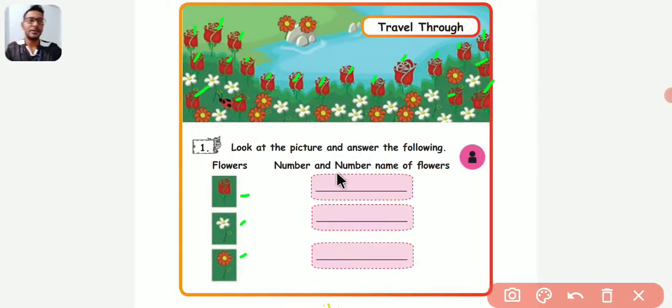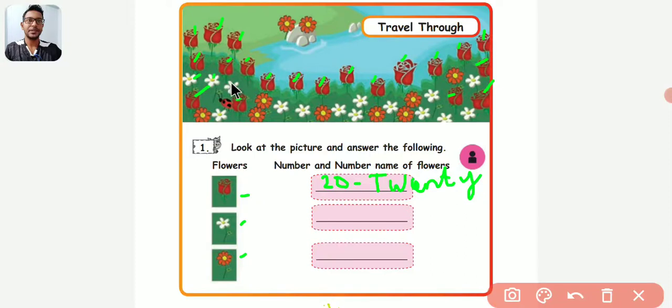There are 20 roses. So here you have to write 20. What is the number name? Twenty. So next I am going to count this lotus.